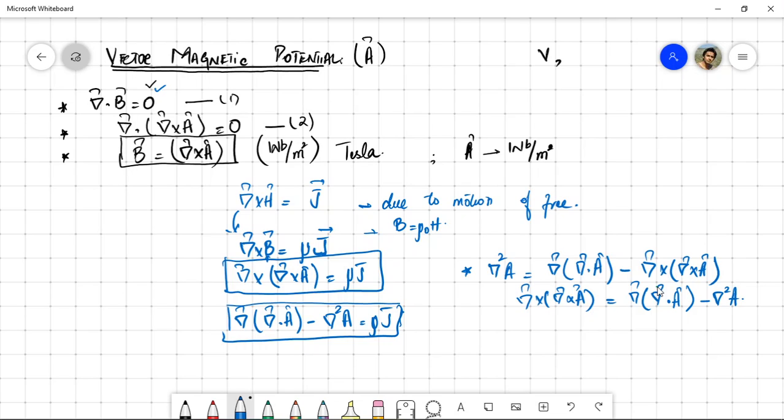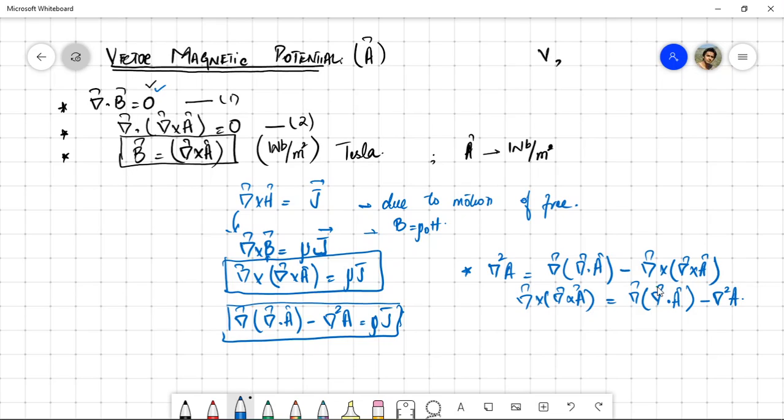He is saying that in order to achieve this goal, what should we do to A so that we are confident there won't be any case in which the divergence of B comes out to be some value? We know that if that happens, the whole calculation that we did will demolish itself. It will implode.